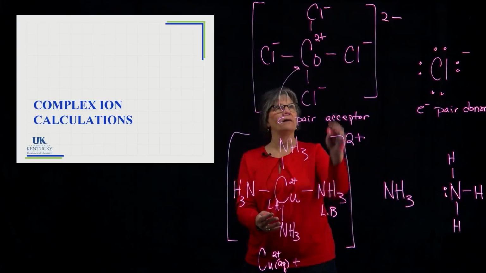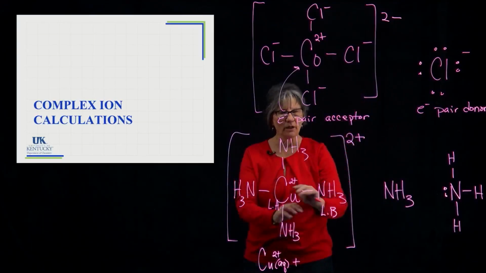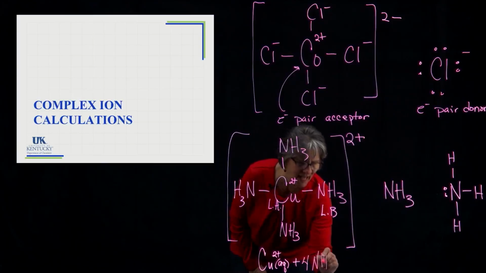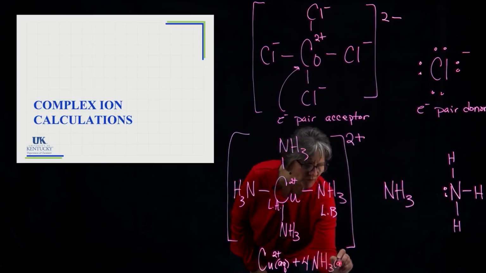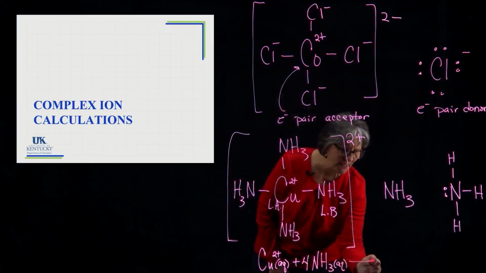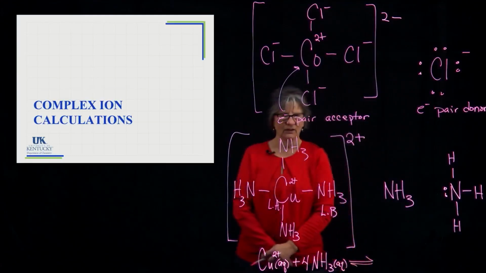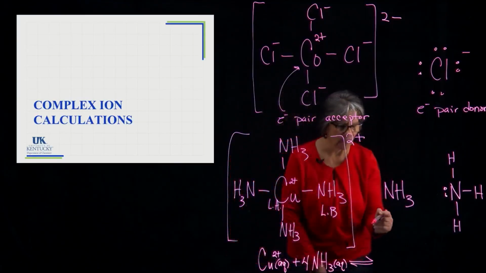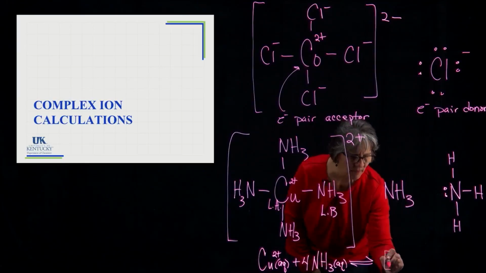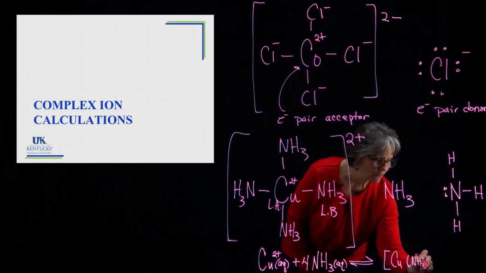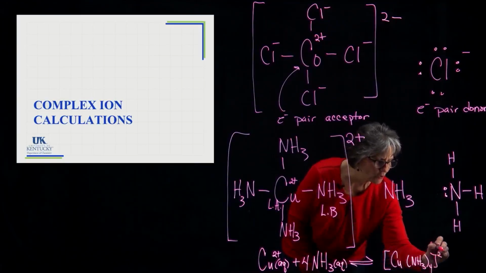They might be ions, as they were in one case, or small molecules, as they are in this case, but you are going to have them be added. So you write how many were on there. So it's NH3. There are 4 of them. Okay? And that will form, and it is an equilibrium. We're going to talk about the size of that equilibrium in our next video. But now we write on the right-hand side the complex ion. So copper, ammonia, 4 of them, overall 2+ charge.